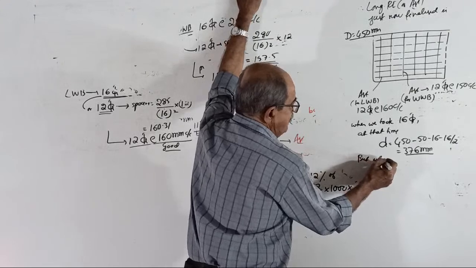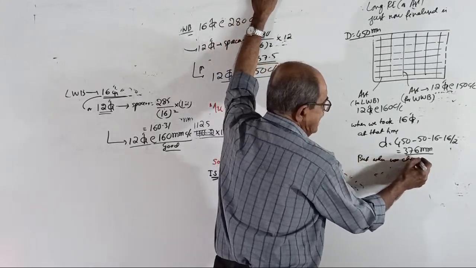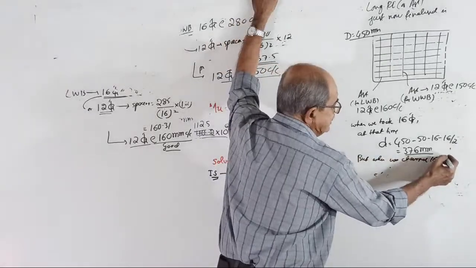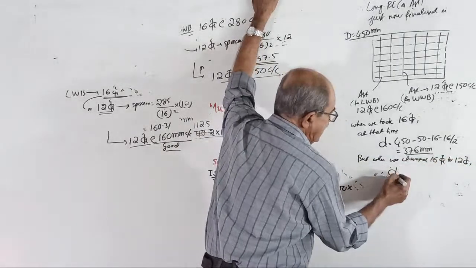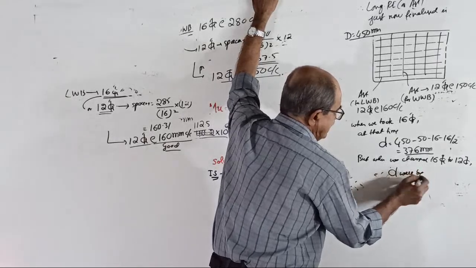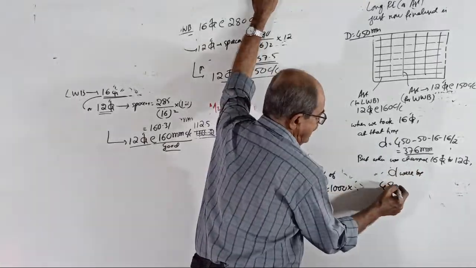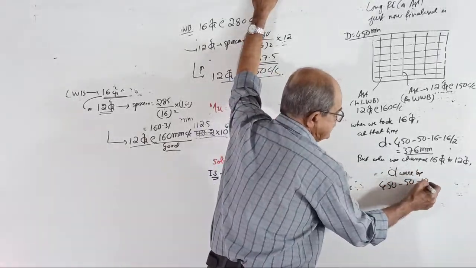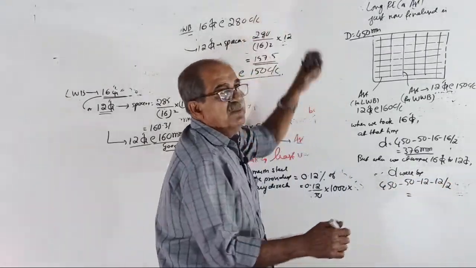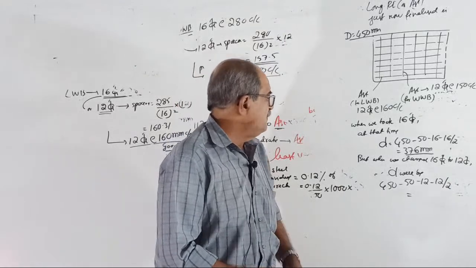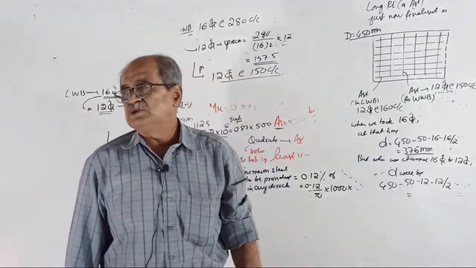But when we changed 16 tor to 12 tor, your D will be how much, tell me? 450 minus 50 minus 12 by 2. Tell the answer. Your D will be 450 minus 50 minus 12 by 2.